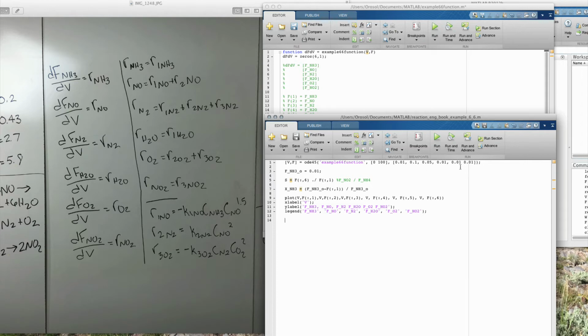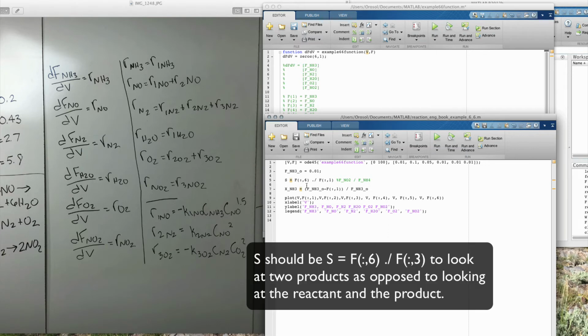So this is what I put in for the initial values, and then I wanted to also show you how you would calculate the selectivity in Matlab. This is for the output, so this would be the overall. If you remember, there was a definition for instantaneous selectivity, which was the rates divided by each other for what you're interested in.